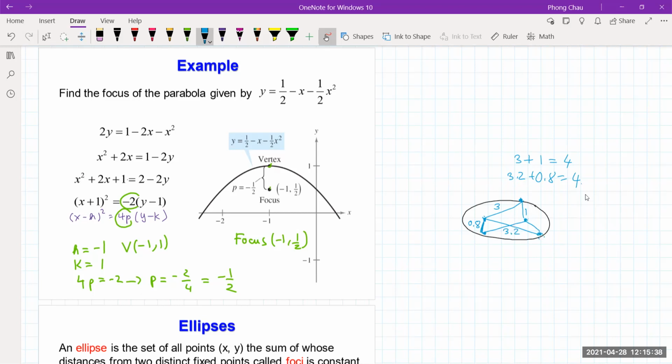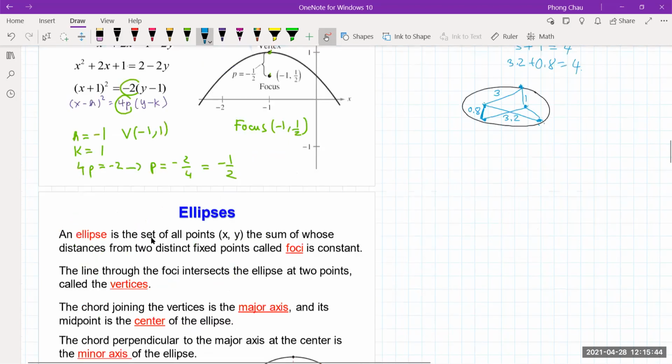So an ellipse could be described as a set of all points, the sum of whose distances from the fixed points, called the foci, is constant. Let me say that again.